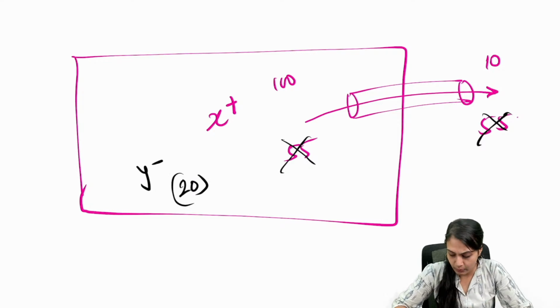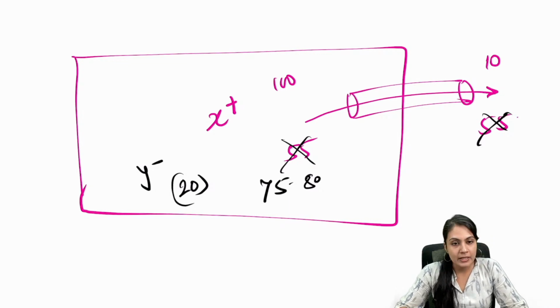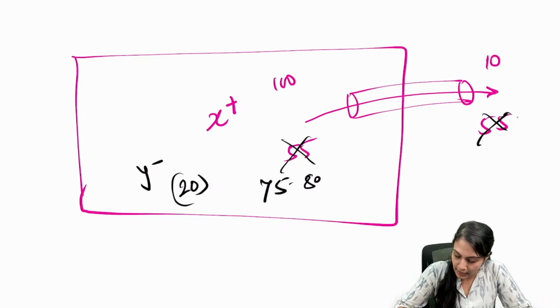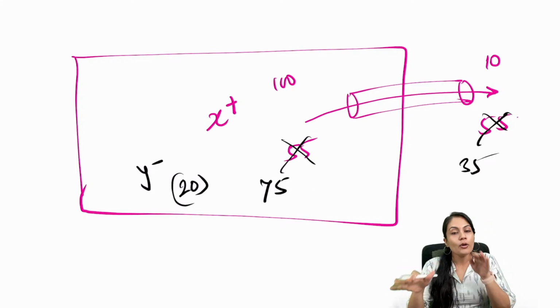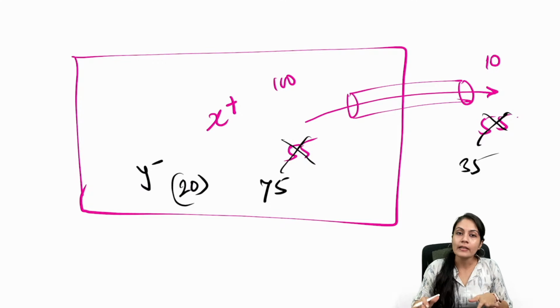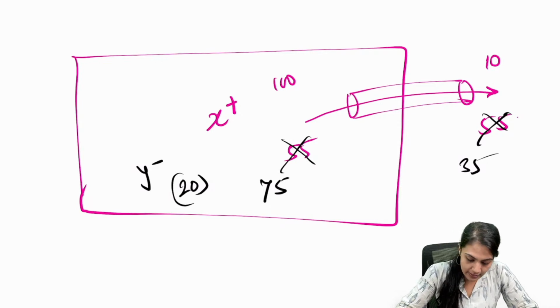Instead of 55, it will remain 75 to 80 inside. Let's say 75 itself, and that means 20 will be less outside. That means only 35 will be there outside. So they're not yet equal. The X ions inside the cell and outside the cell are not equal, but the flux will stop over here, even before it becomes equal.